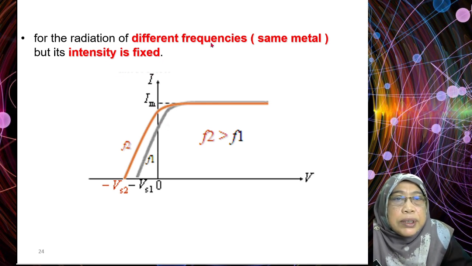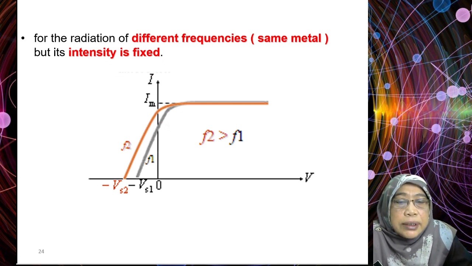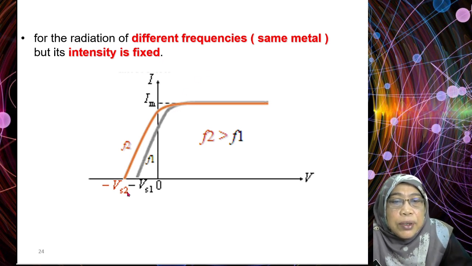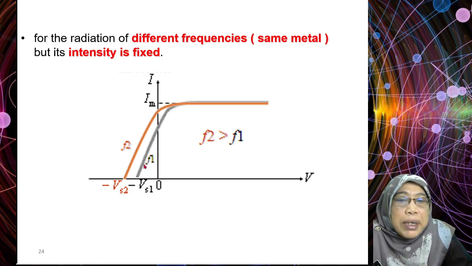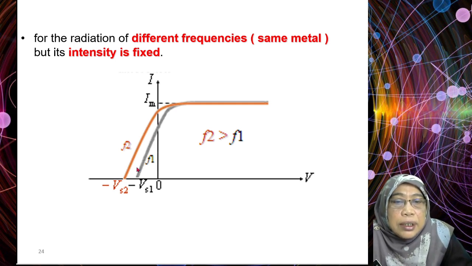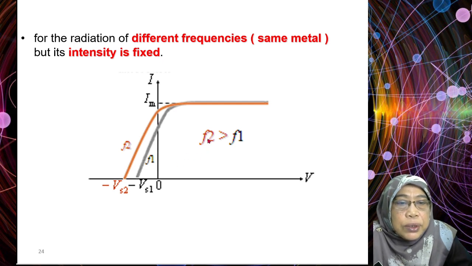Different frequency means different energy of photon. Higher frequency has higher energy. Here you have the same metal, but different frequency of energy from the radiation. That's why you have 2 points for the stopping potential. F2 is more than F1 here, because when higher frequency comes to the metal target, it gives more energy to the metal target.